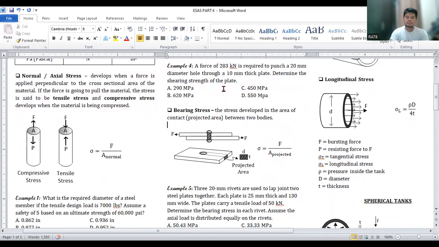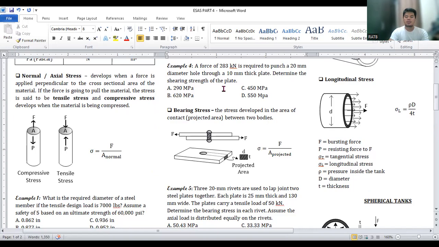Sample number 4 is somehow a tricky problem, no, because if you cannot see the area that is being considered, then you might get the answer wrong. So in example number 4, you have the force of 283 kilonewton required to punch a hole.